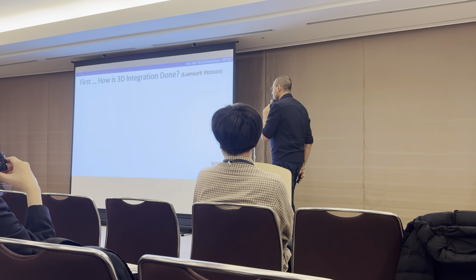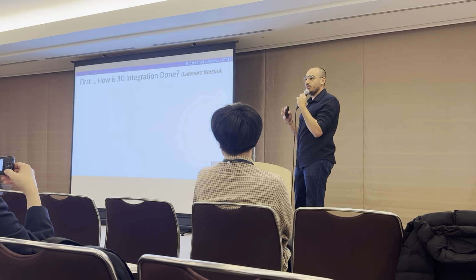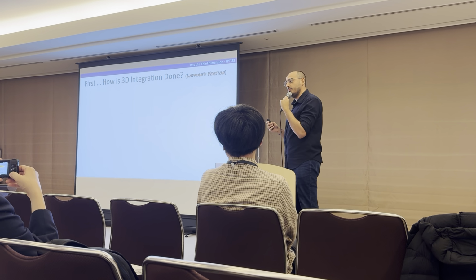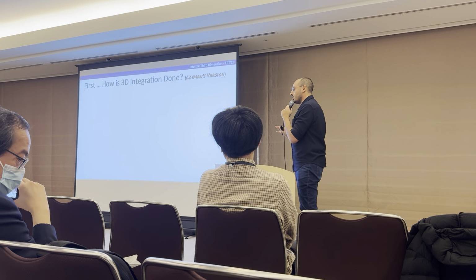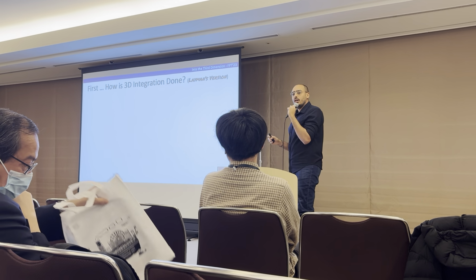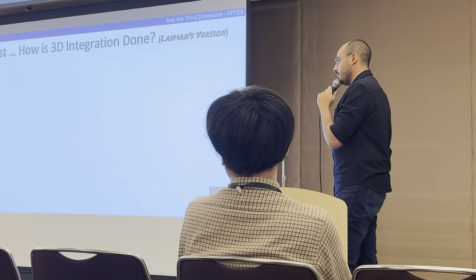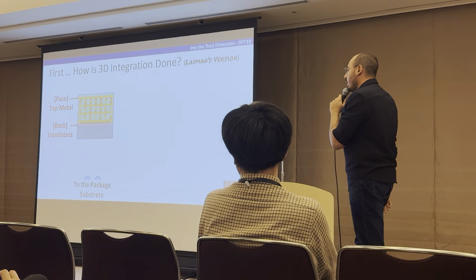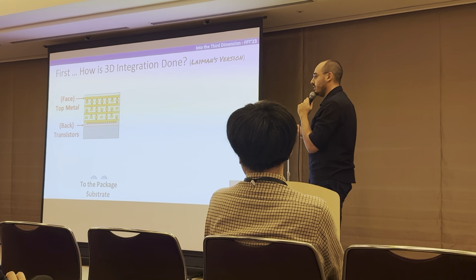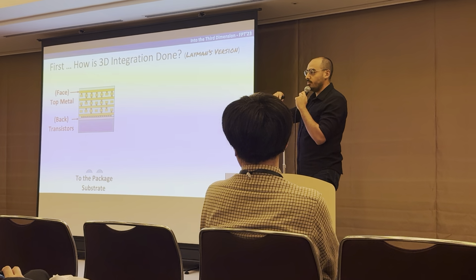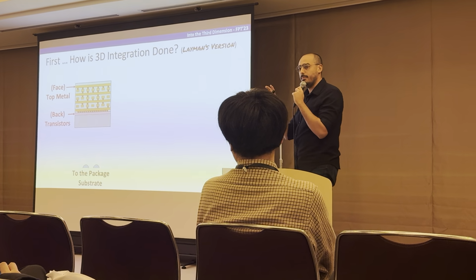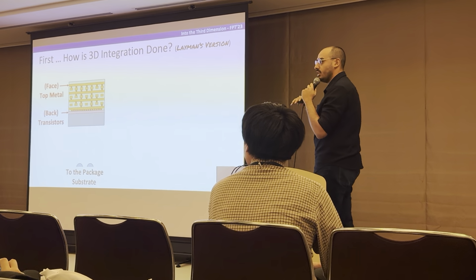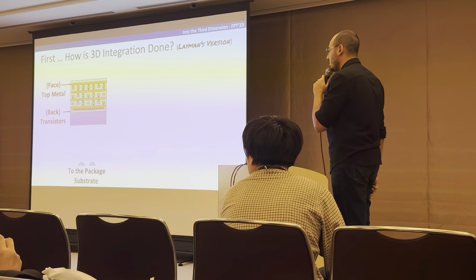First, before jumping into the depth of what we are doing in our work, let me give you a quick overview of how this 3D integration is typically done. You start by fabricating a normal chip, and the terminology used in 3D integration is that the side of the chip that has the active transistors is called the back of the chip, and the side that has the metal stack is called the face.